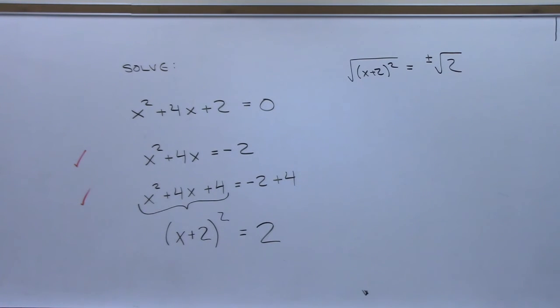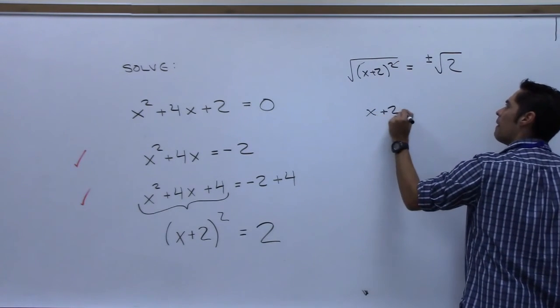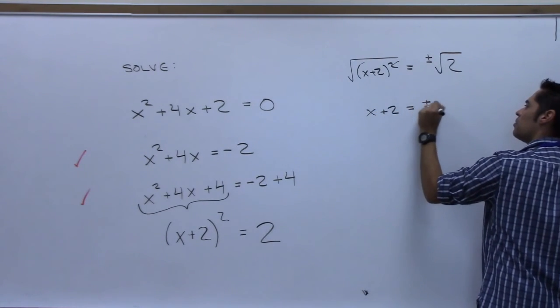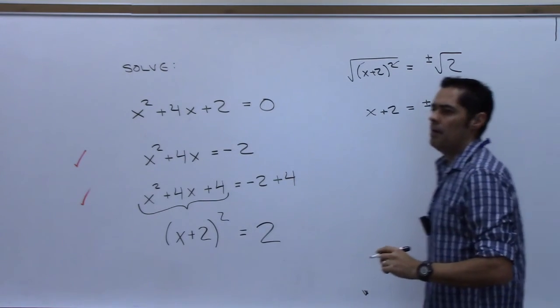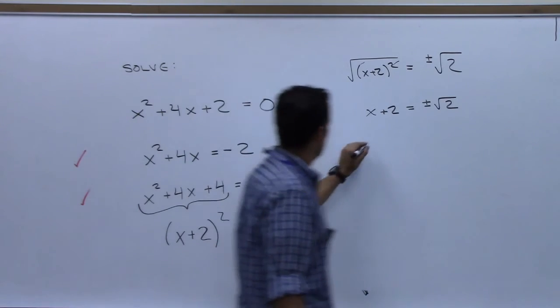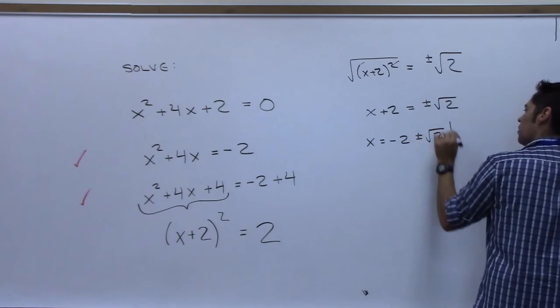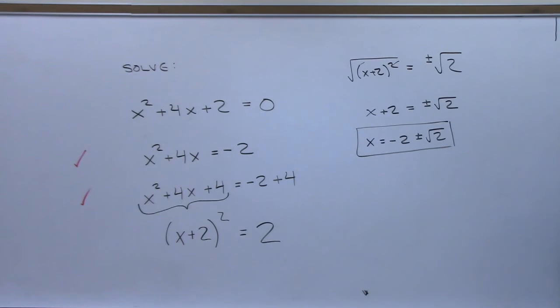The left side becomes what? X plus 2 equals plus or minus root 2. And then finally, to get x, subtract 2 on both sides. So x is negative 2 plus or minus root 2. Those are your 2 solutions.